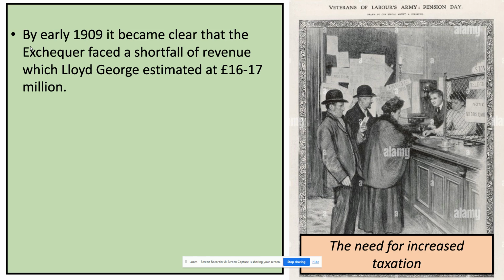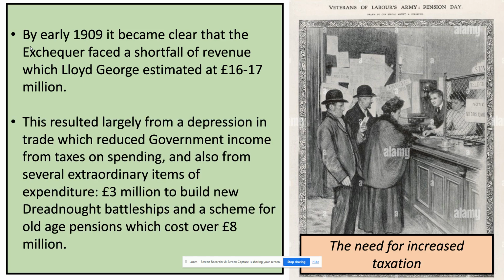So we've got imperialism, the budding arms race with Germany, a need to spend money on the navy, but also the pressures of New Liberalism and Lloyd George's desire to fund the pensions without a contributory aspect. And in order to do that, you need to raise taxes. So Lloyd George estimates that the British government is in a debt or a shortfall of about 16 to 17 million pounds. That is what the People's Budget is supposed to be addressing.